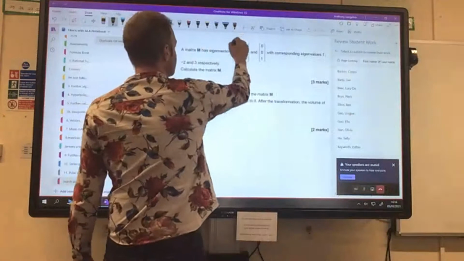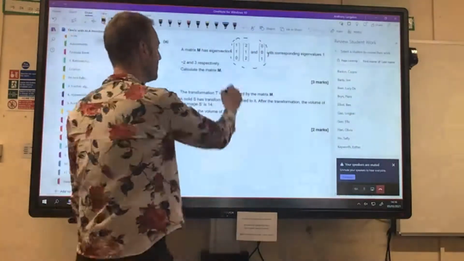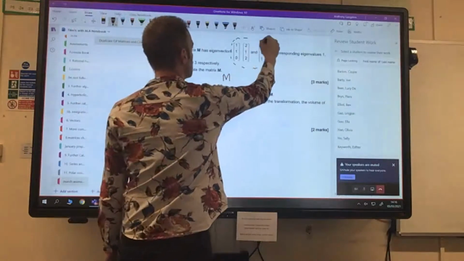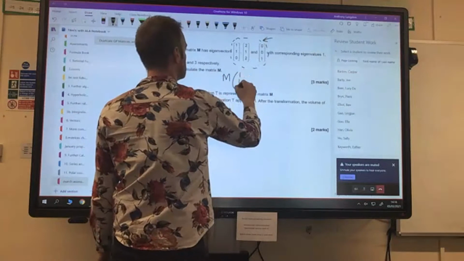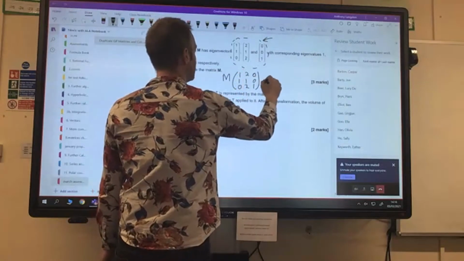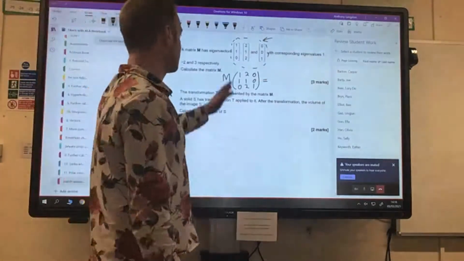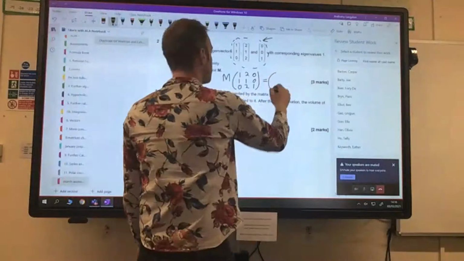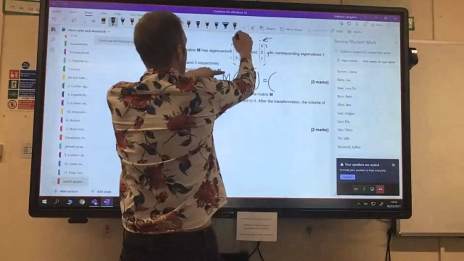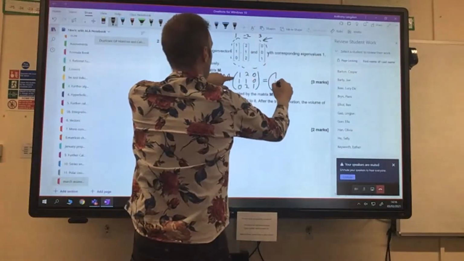If I think of this as my matrix of eigenvectors, which we'll call U, I know that M times U equals something. If I multiply that matrix of eigenvectors by the matrix, then if these are all eigenvectors and the eigenvalues are 1, minus 2, and 3, I must get 1, 1, 0.